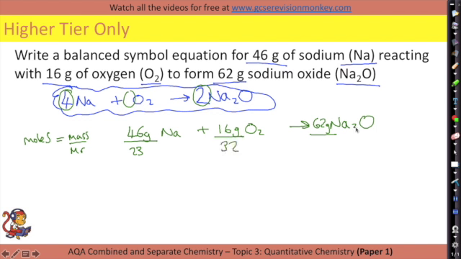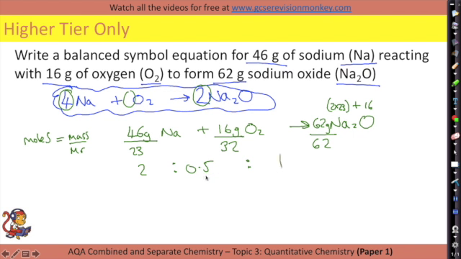And sodium oxide, we need 2 lots of 23 plus 1 lot of 16, all from the periodic table, and you will see that that has a relative formula mass of 62. If we divide those up, we get a ratio of 2 to 0.5 to 1.